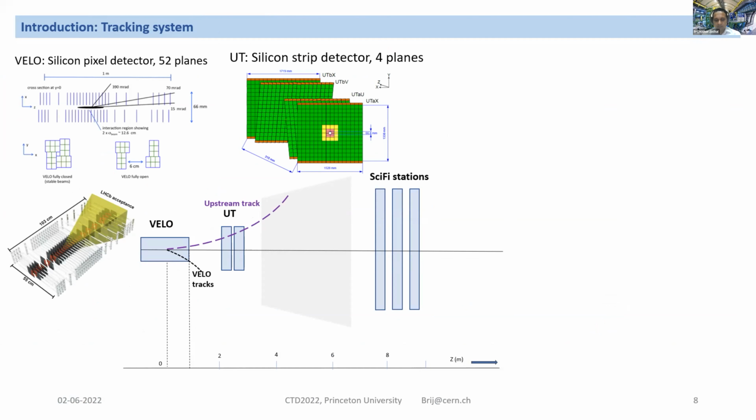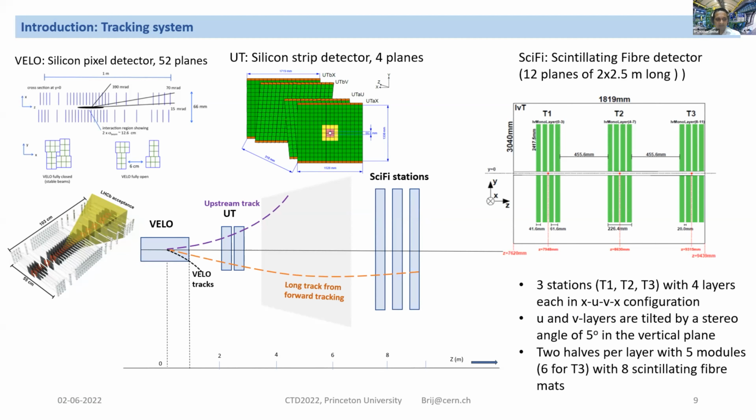We have then the scintillating fiber detector with very interesting geometry, which is placed downstream of the magnet, and extending the Velo and UT tracks to SciFi, we can produce long tracks from the forward matching algorithms, which are very important for our physics analysis.